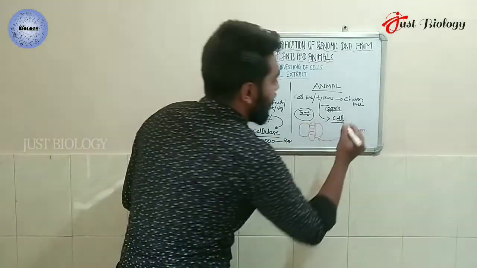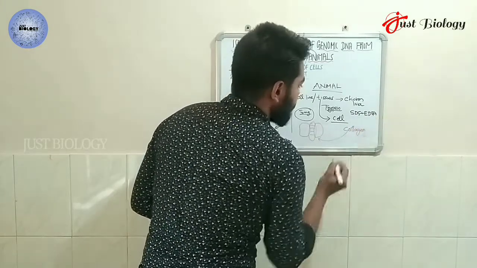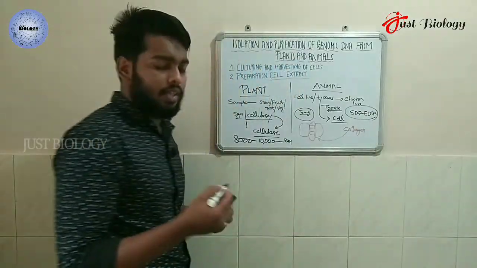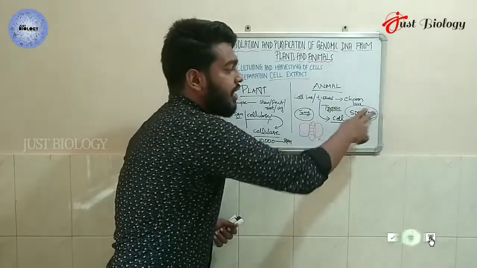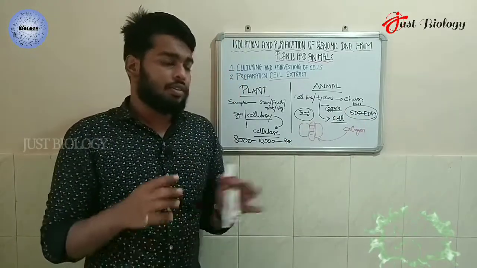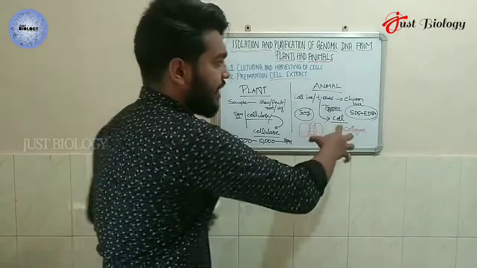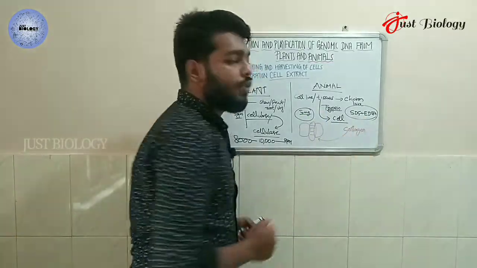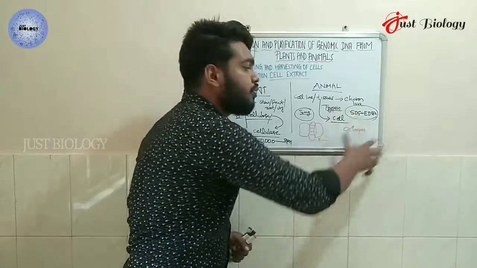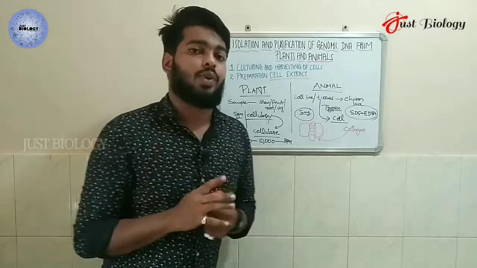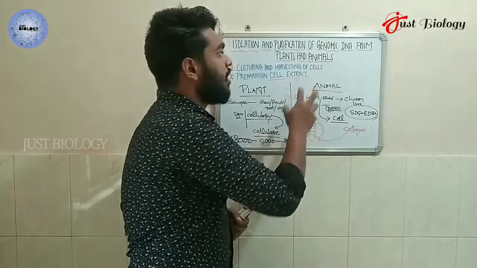So this combination of SDS plus EDTA is often given. SDS will pierce the cell membrane, and EDTA will absorb the magnesium ions. Both processes occur simultaneously so that we can easily get the content. Along with the degradation of the cell membrane, they also degrade the nuclear membrane. So this is the idea, the difference between animal and plant.